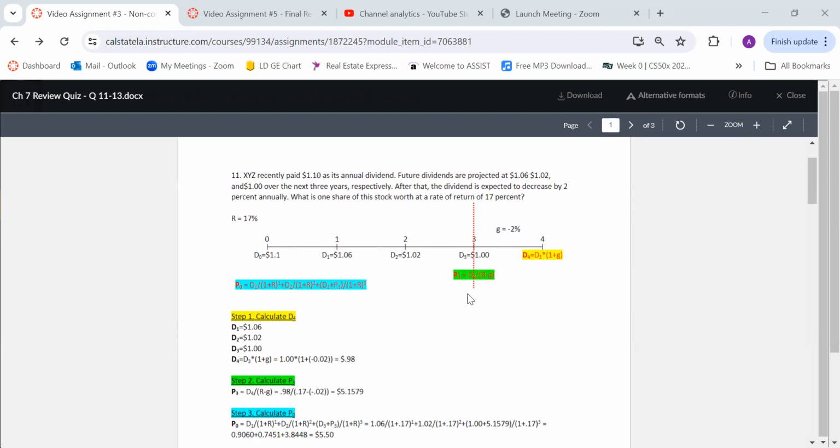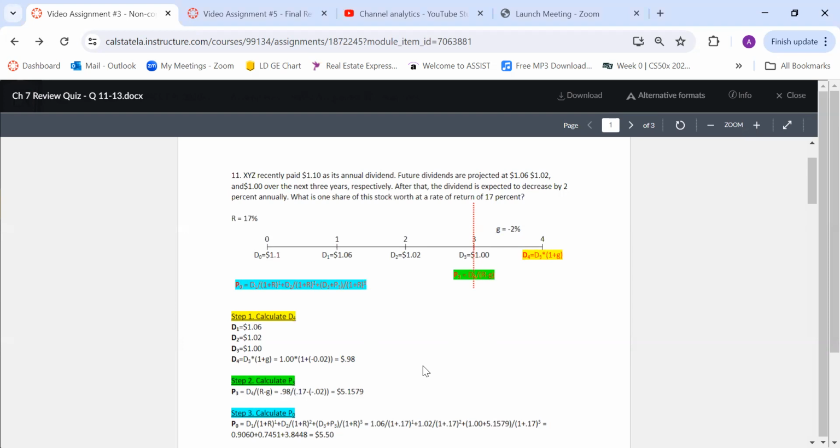D1 is $1.06, D2 is $1.02, D3 is $1. D4 is going to be D3 multiplied by 1 plus the growth, which is 1 plus negative 0.02. We're going to get 98 cents for D4.